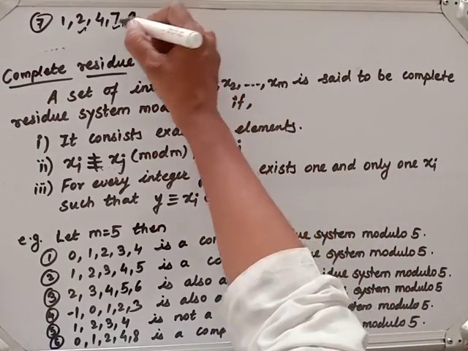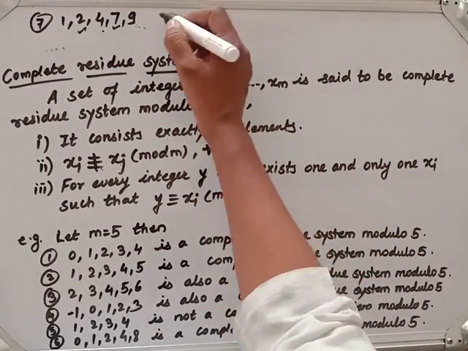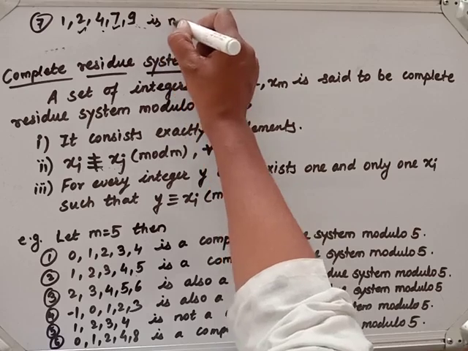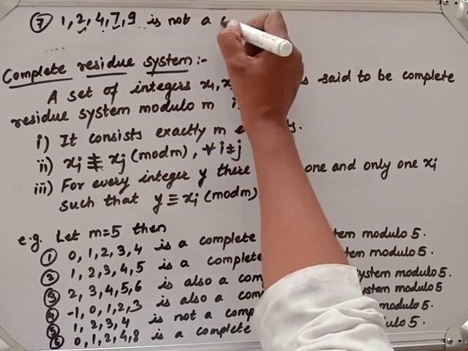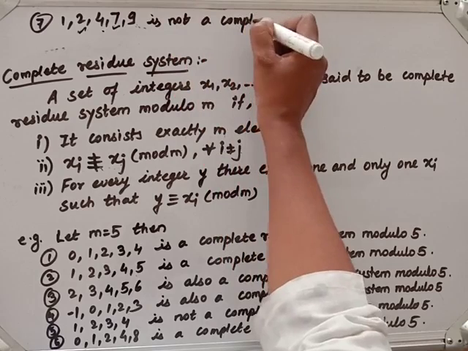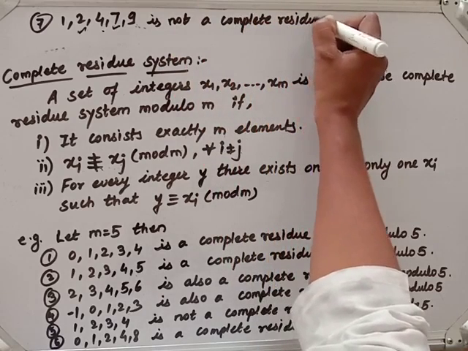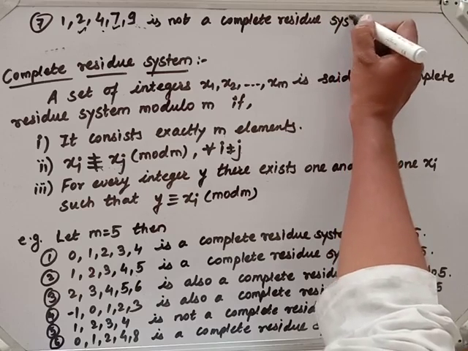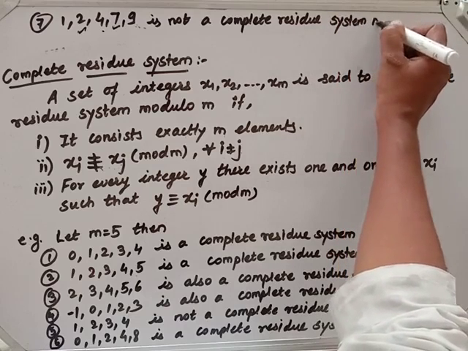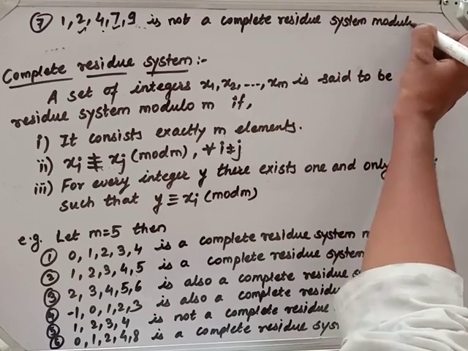Similarly for 9 we get the remainder 4. It is not a complete residue system modulo 5.